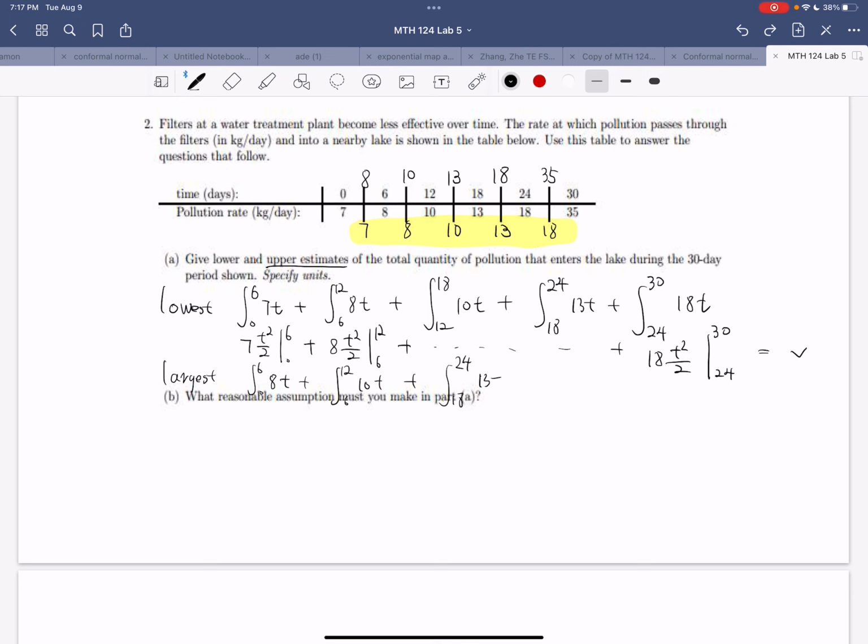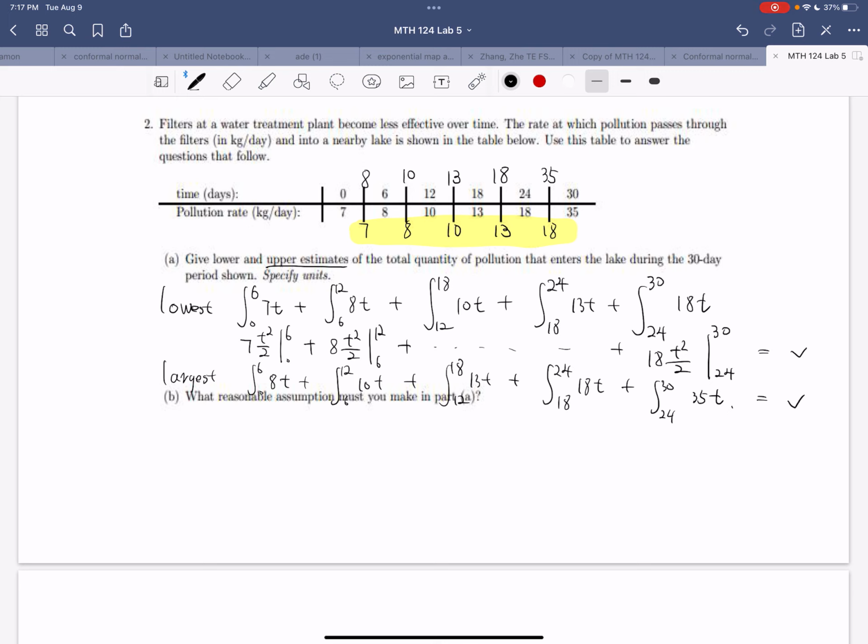Oh, right. Here, from 12 to 18, 13t. From 18 to 24, 18t. From 24 to 30, here we use 35t. Right? So you integrate and get a number.